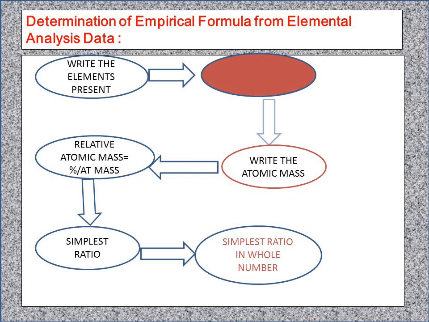Relative atomic mass is calculated using the formula percentage composition by atomic mass. That is 2 divided by 3, second column by third column. Then you will arrive at a simple ratio, which is actually some fraction. That simple ratio can be converted into whole number. From the whole number, you will arrive at the empirical formula.